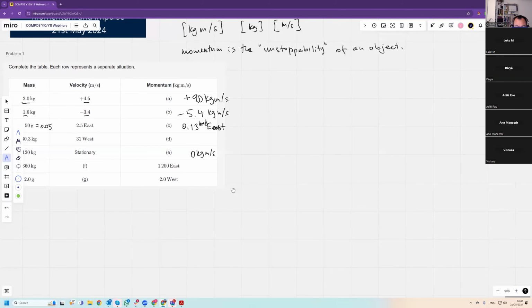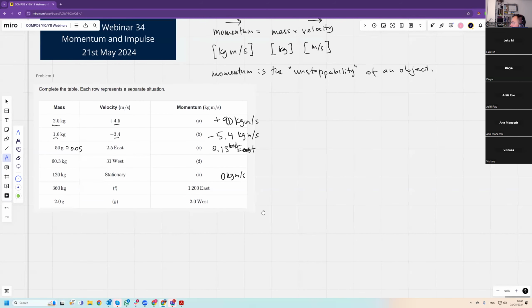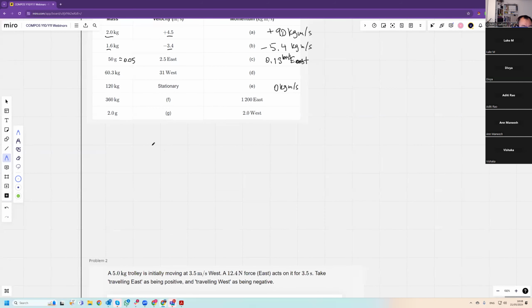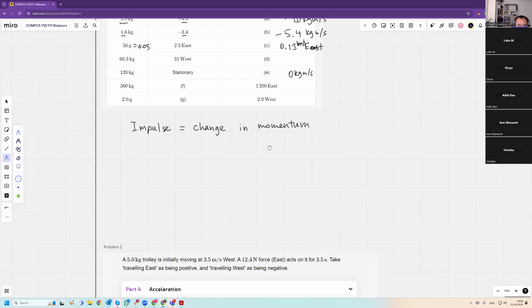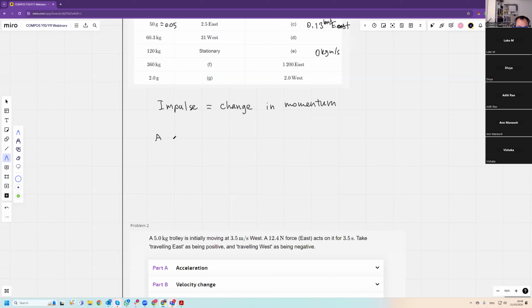Now, impulse is simply the change in momentum. So imagine a 2 kilogram mass was moving east at 12 meters per second.